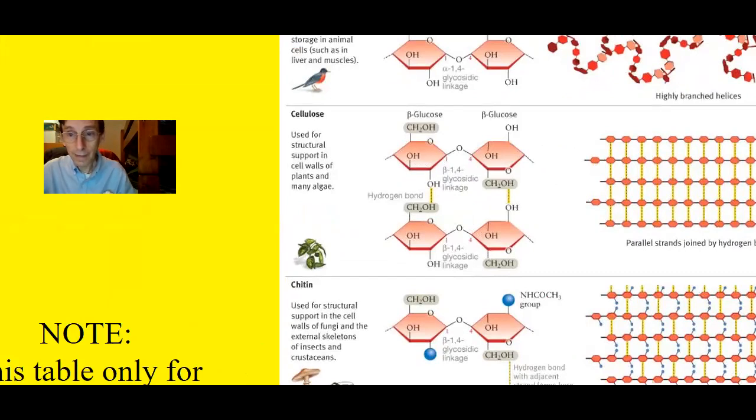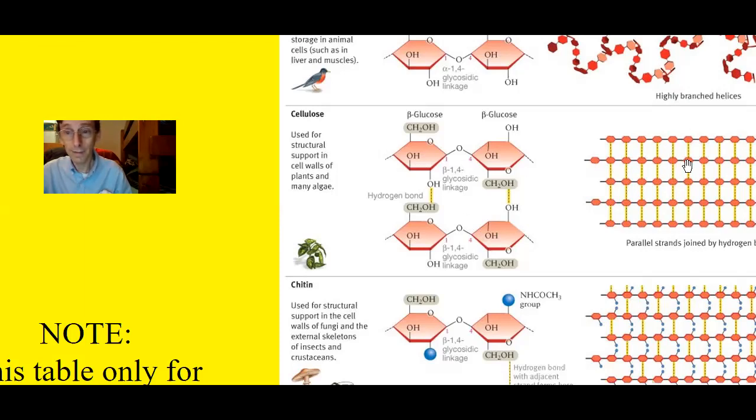It has a side reaction. The dark one is a covalent bond. The side ones, the branched ones, that is a hydrogen bond. So this sugar is hydrogen bonded to that sugar. And then this sugar is covalently bonded to this sugar here and this sugar here.